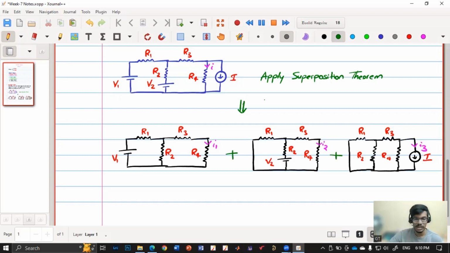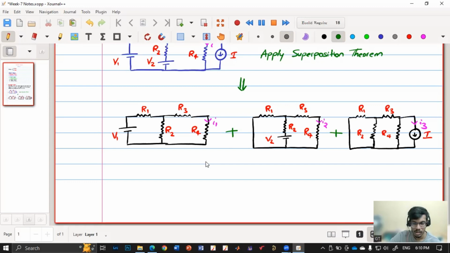Just one thing you need to keep in mind, the current that I have asked is in the downward direction. So by default, I have considered I1, I2, I3 in the downward direction. So I can add. Whereas if you are getting the current in the opposite direction, then you have to consider that sign also. So it is always good if you consider the current in the same direction, then you can directly add.